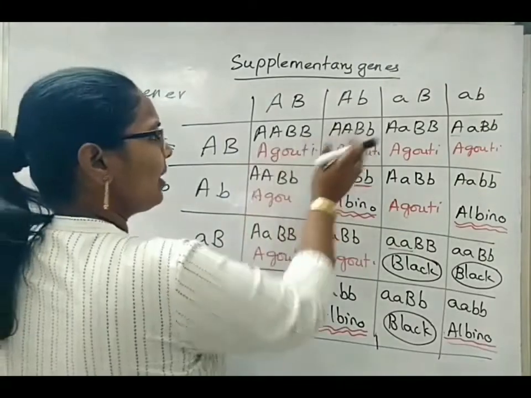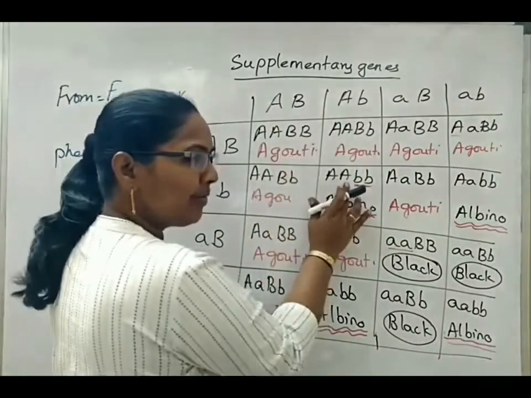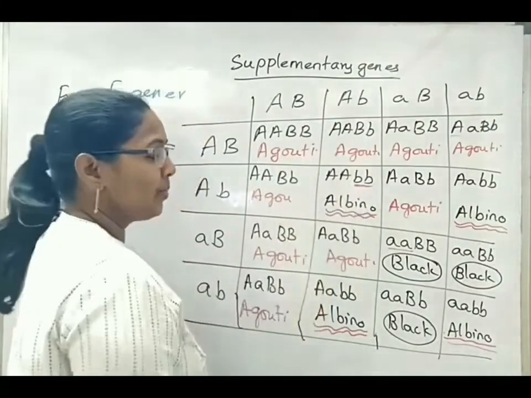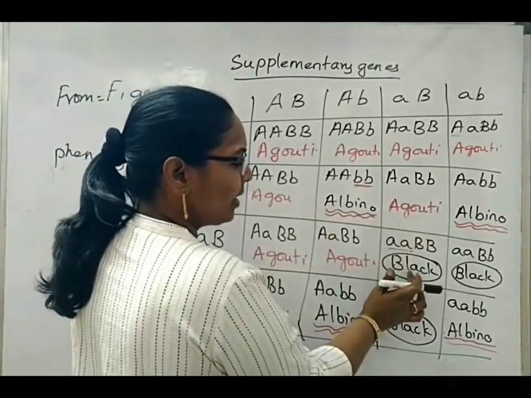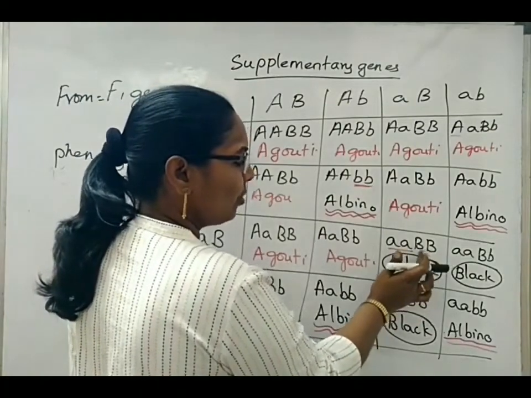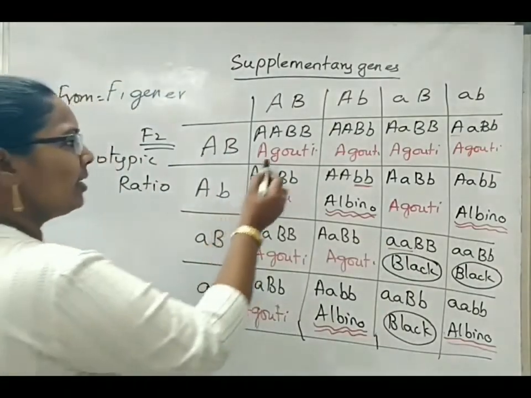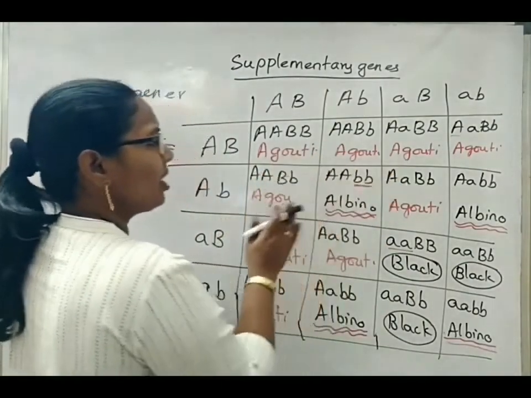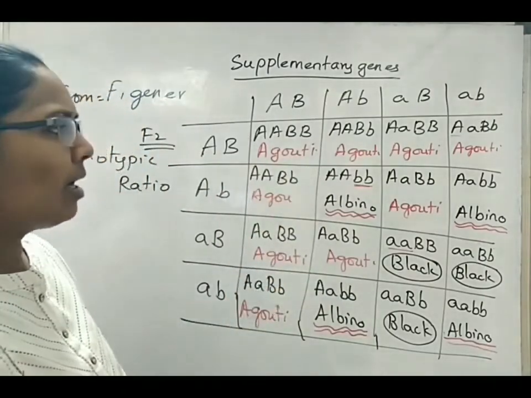See, when two dominant alleles are present, then they are giving out agouti. But when only one type of dominant allele is present, then it is responsible for albino. And when another type of dominant allele that is responsible for black is only present, then it is responsible for black color. So I have written here the names of the combinations, means phenotypic names.